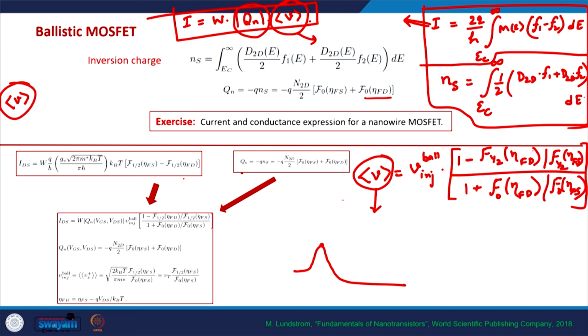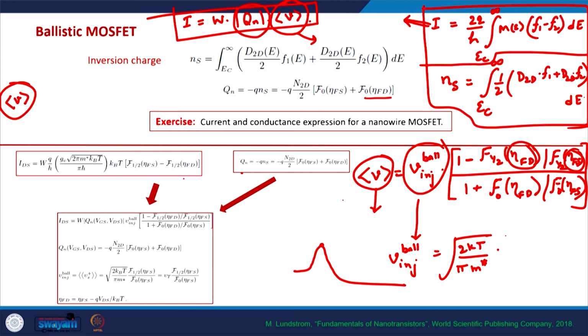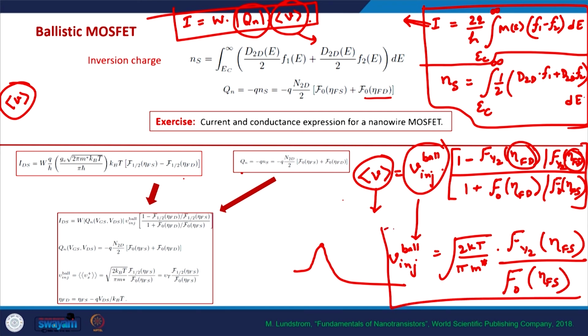So as you can see, it depends on both eta Fd and eta Fs, where this ballistic injection velocity is this velocity, which is Vt, the square root of 2 kT by pi m star, that is the thermal velocity, times Fermi-Dirac integral of order plus half divided by Fermi-Dirac integral of order 0 eta Fs. So this is what it is.